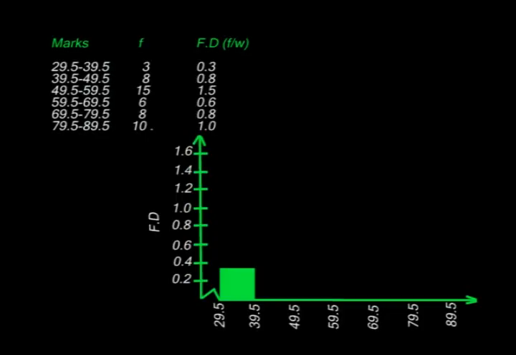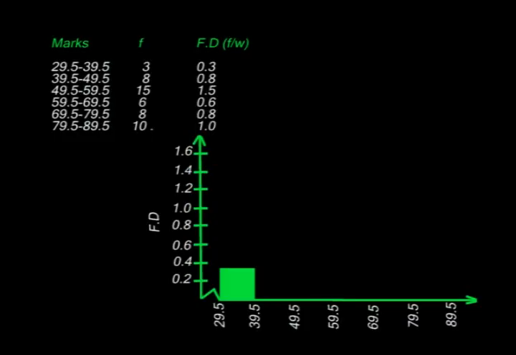Now where that class ends, it means the next one begins, because you realize the upper class boundary of the first class becomes the lower class boundary of the next class. For example, in the first two classes, 39.5 is the upper class boundary for the first class, and the same 39.5 is the lower class boundary of the second class. So the bar will be continuous, there will be no gap.